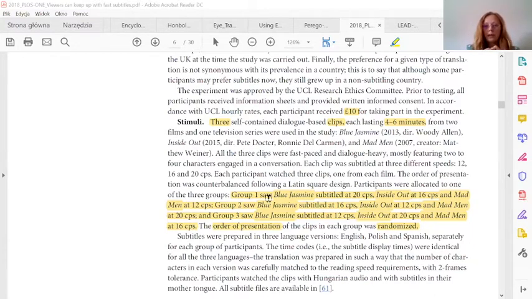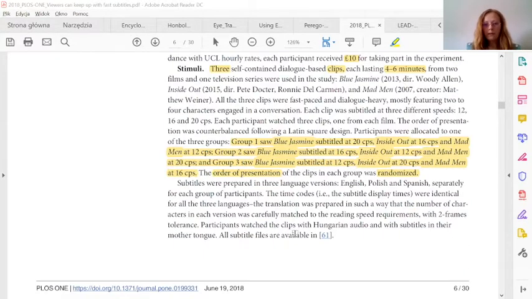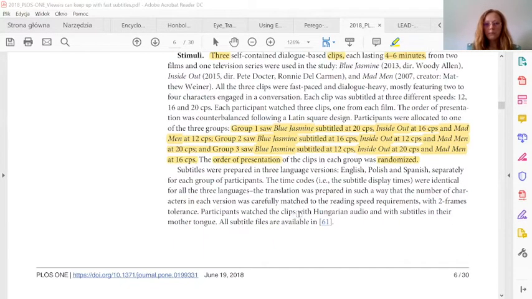So here, for example, group 1 saw Blue Jasmine subtitled at 20 characters per second, Inside Out at 16, and Mad Men at 12. Group 2 had different speeds, and group 3 had different speeds. So the speeds were different across groups, and the presentation of clips in each group was randomized. This is important, that it was all randomized. So this is what I get from here.